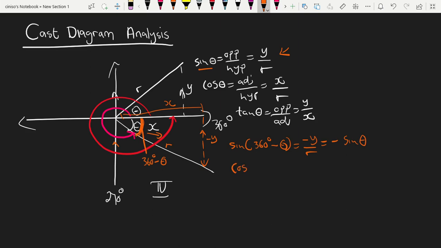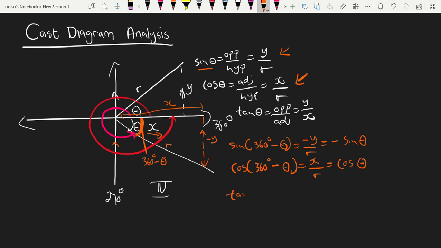Let's go to cos. Cos of 360 degrees minus theta is equal to, what's the cos of this angle here? Adjacent is x, positive x, over hypotenuse, which is r. Let's go back to the basics. Cos of theta is equal to x over r. And in this case, we also got the same thing. So this means that it's cos of theta.